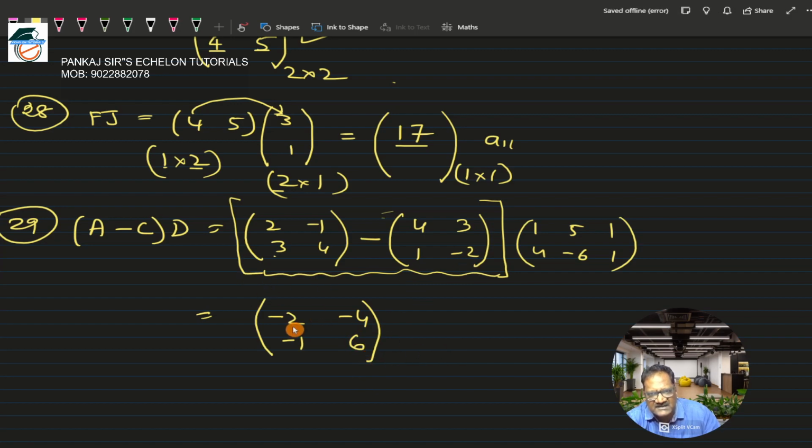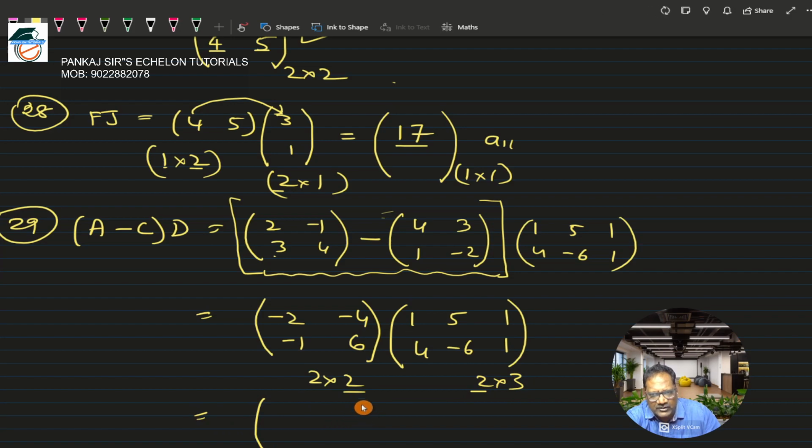So this has been reduced to this, and now you will have to multiply this by 1, 5, 1, 4, minus 6 and a 1. Now this is of order 2 by 2, this is of order 2 by 3, and these two inner values are the same, so multiplication is possible, and the order of this multiplication will be 2 by 3, so 2 rows and 3 columns.